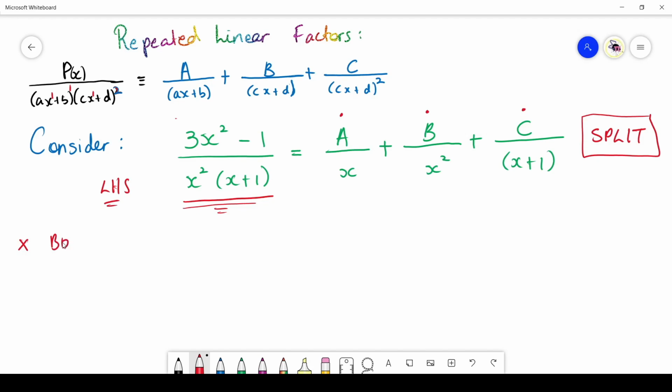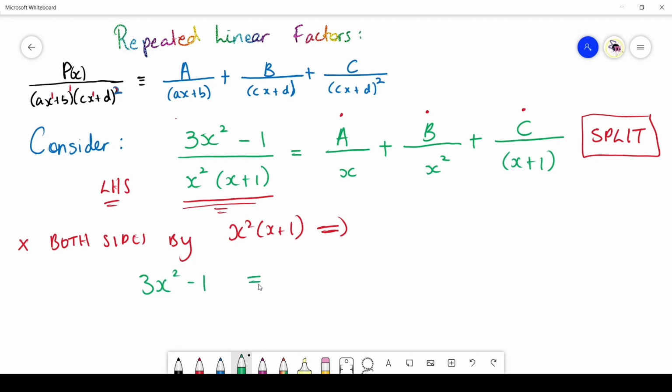Multiplying both sides by x squared by x plus 1 is going to give us, on the left, you will always get back your numerator, which is just 3x squared minus 1.